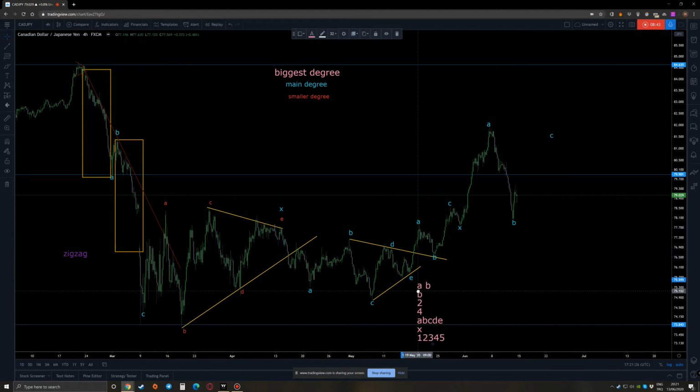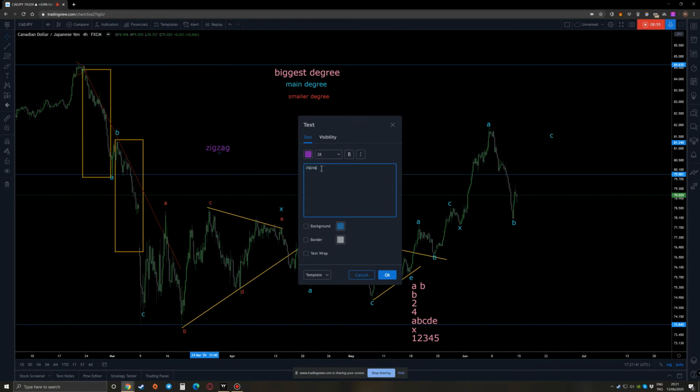Now, in our case, it ended one of these. These are all the possibilities. If I forgot to write one, I'm sorry, but these are all the possibilities. So what we have? We have a zigzag. Then we have an X wave as a triangle. I'm writing this down so that it will be a little bit easier for you.